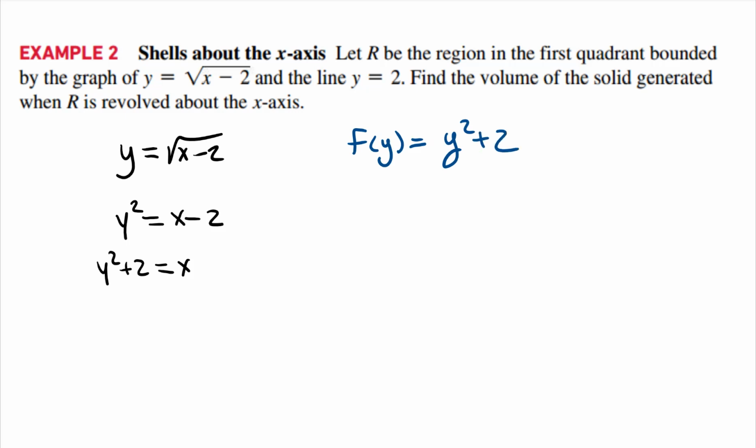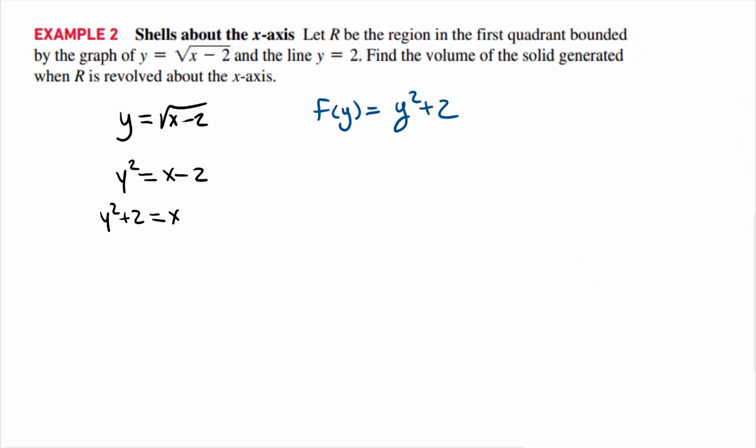I'm trying to stay away from doing a lot of sketching, even though you should always sketch something. Just give it a quick sketch. So we have our function, and to get our volume, we had 2 pi from a to b of x times f of x dx, but this is for when we revolve about y.